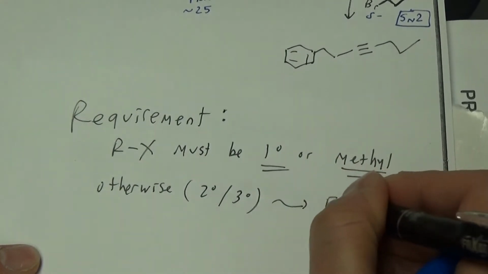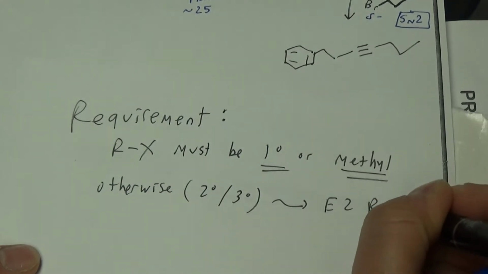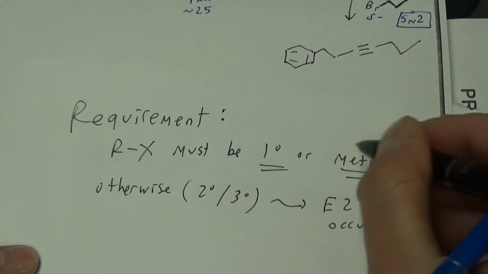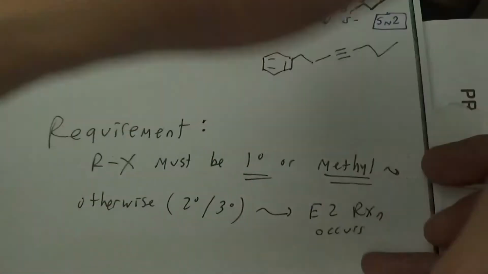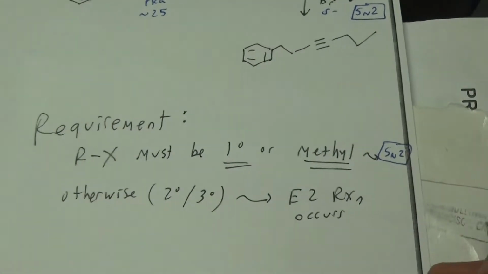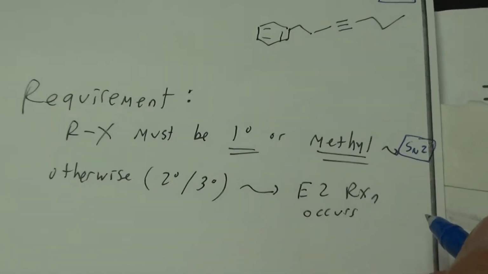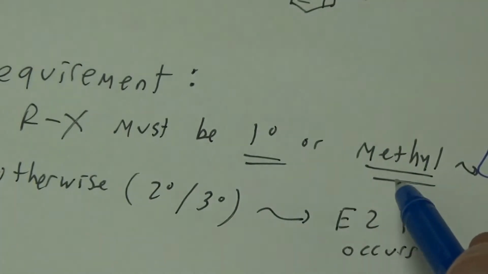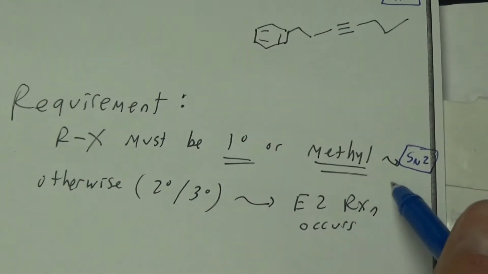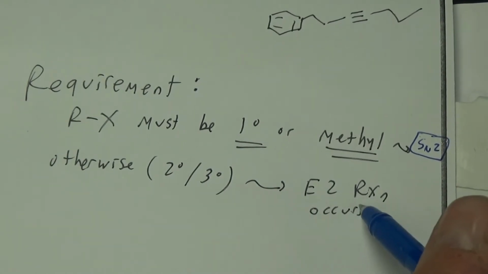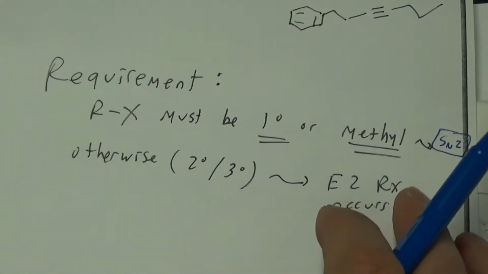Otherwise, E2 occurs. So if you use a primary or methyl, SN2 occurs. And typically, if you're trying to build a molecule here, the goal is not to cause elimination, but SN2. E2 is kind of an undesired side effect.